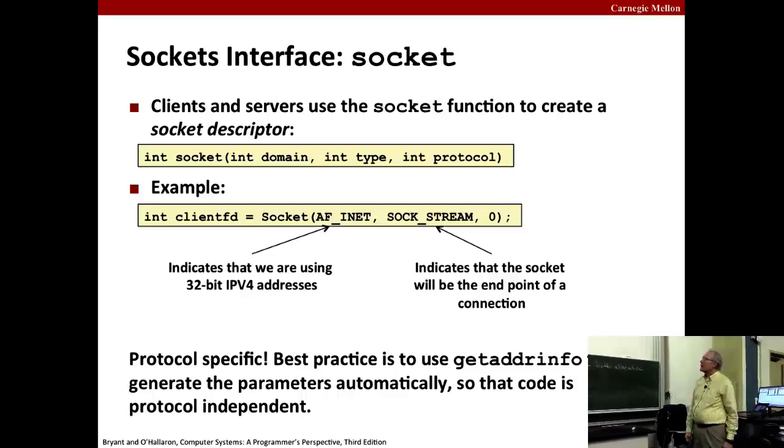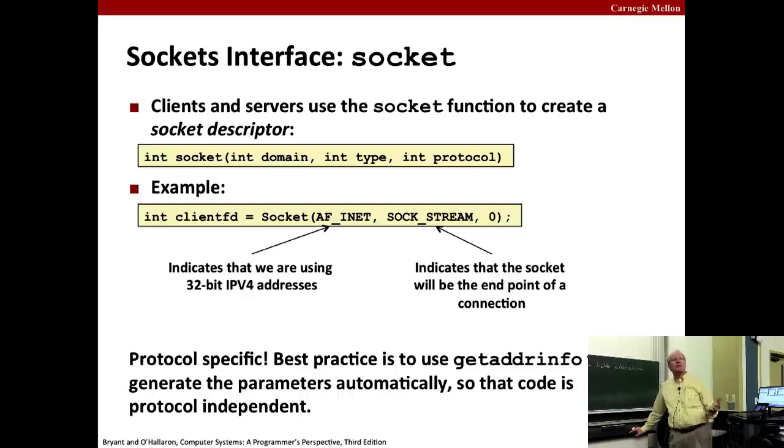It's given 3 arguments, the first of which is AF_INET. All these uppercase names are constants that are built in, included in the various .h files that you include in writing this code. AF_INET just means IPv4, so 32-bit addresses. The second parameter says you want a SOCK_STREAM, which refers to a TCP connection.